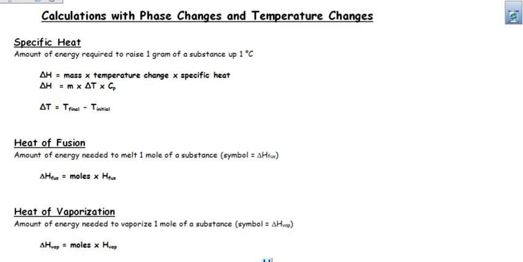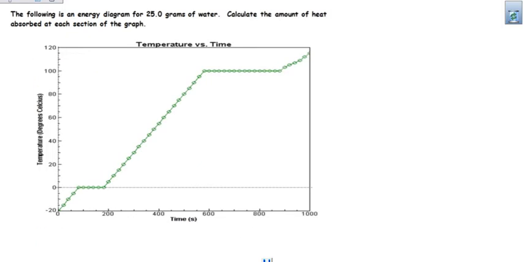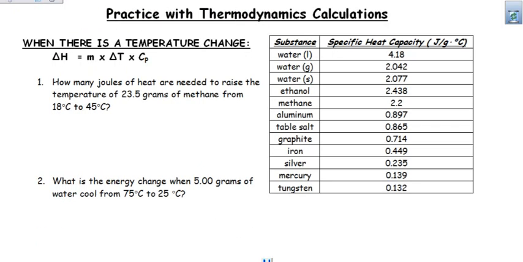By definition, specific heat is the amount of energy required to raise 1 gram of a substance up 1 degree Celsius. Now it's a constant. You look it up on a chart. So on the next page, here's a chart of specific heat values. What's interesting is that they're in units of joules per gram degree Celsius.